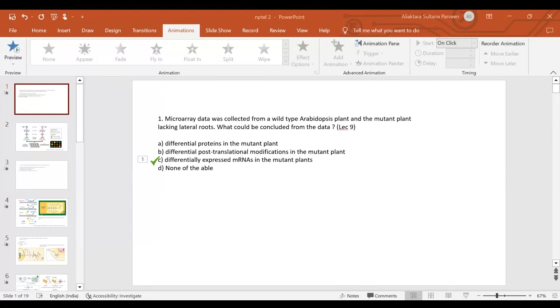So which one is the answer for this? What is the answer for this?